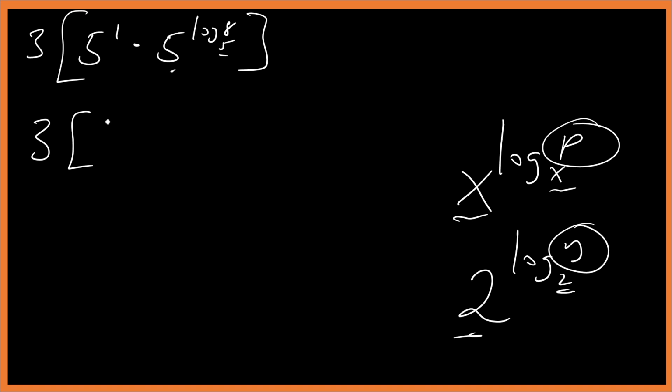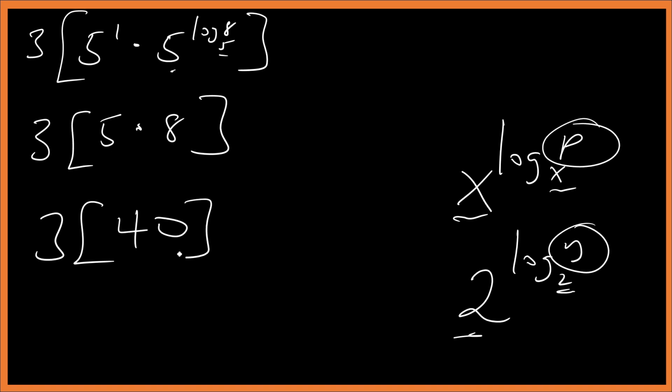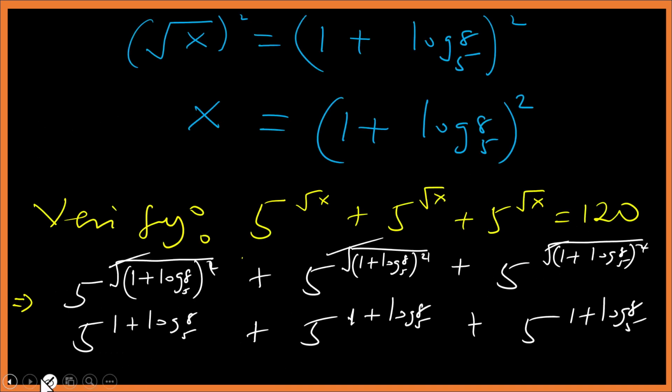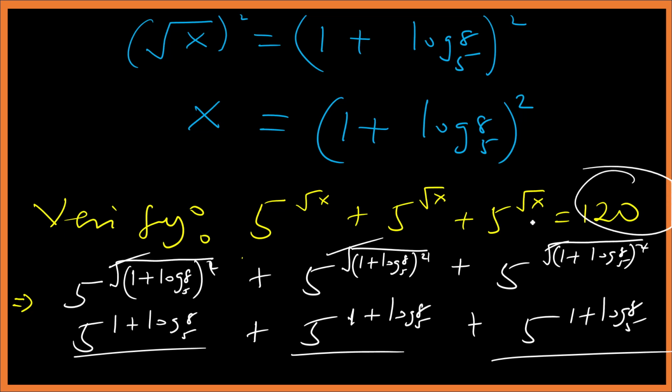So we have 5 to the power 1, 5 times 8. So we have 3 times 40. 8 times 5 is 40. So 3 times 40 is straight away 120. Hence, this plus this is 120. Hence proved. All right.